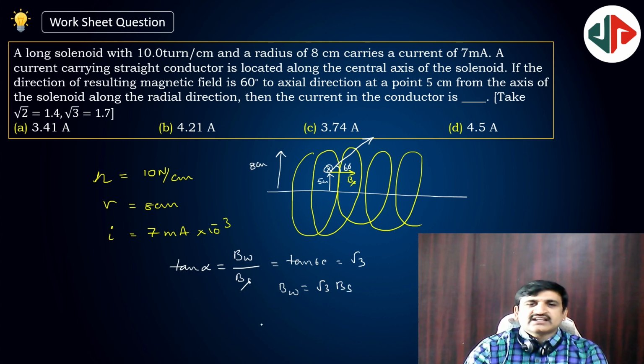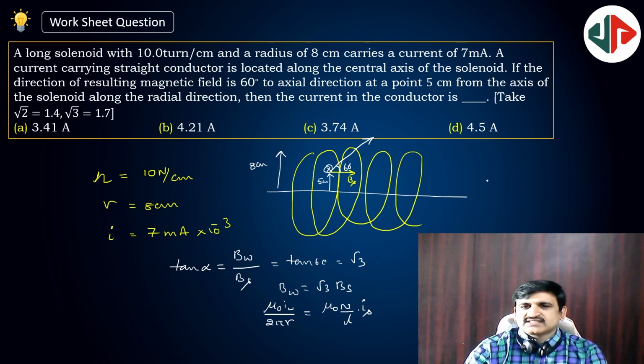Then the current in the conductor is: μ0 I by 2πr is equal to μ0 n by L into I in the wire. So you can easily simplify. μ0 will go.